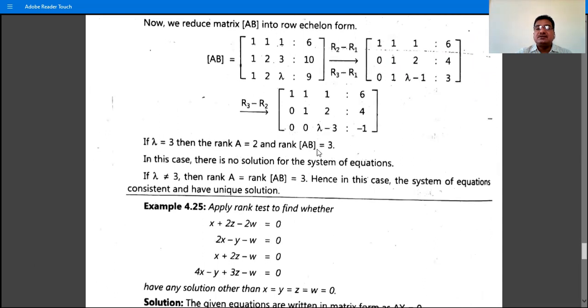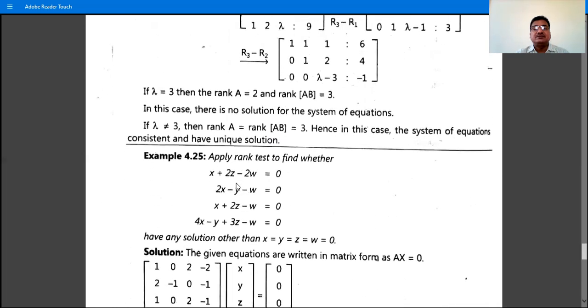And in this case, the system has no solution because rank of A is not equal to rank of AB. That is, if lambda is 3, then the system has no solution. And if lambda is not equal to 3, then the rank of A is 3, rank of AB is 3, and is equal to the number of variables. Then in this case, that is, if lambda is not equal to 3, then the system is consistent and has a unique solution.